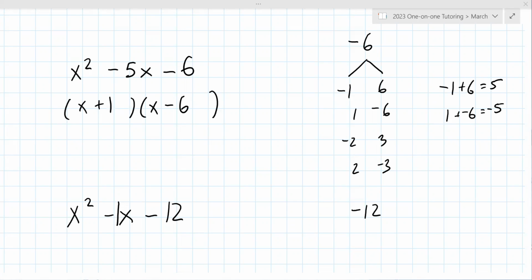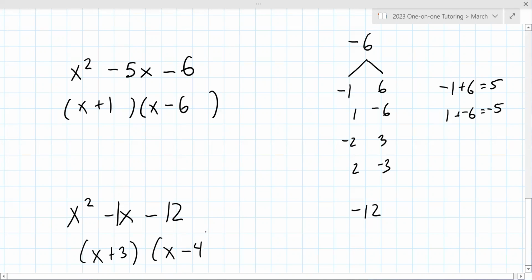Then negative or +1, -12. Is it +3, -4? Yes. x plus 3, x minus 4.